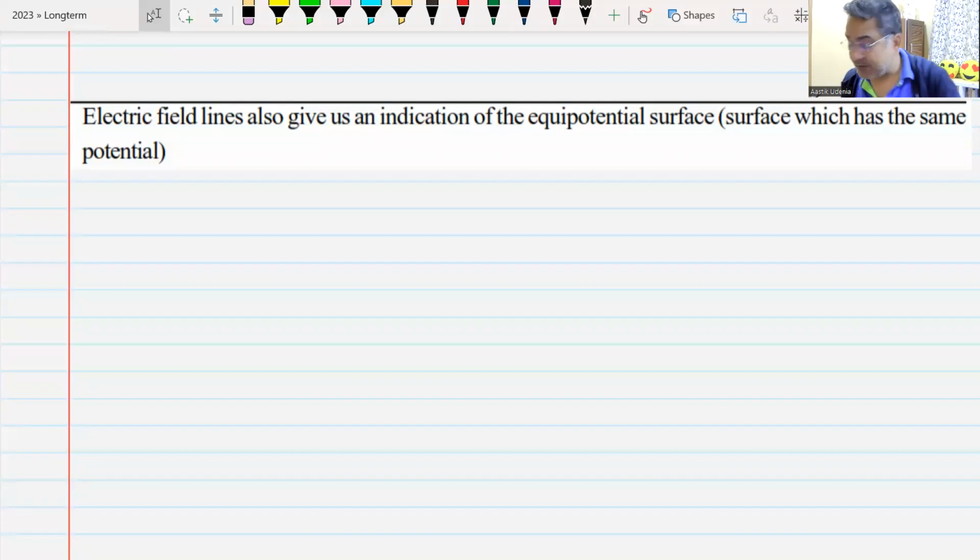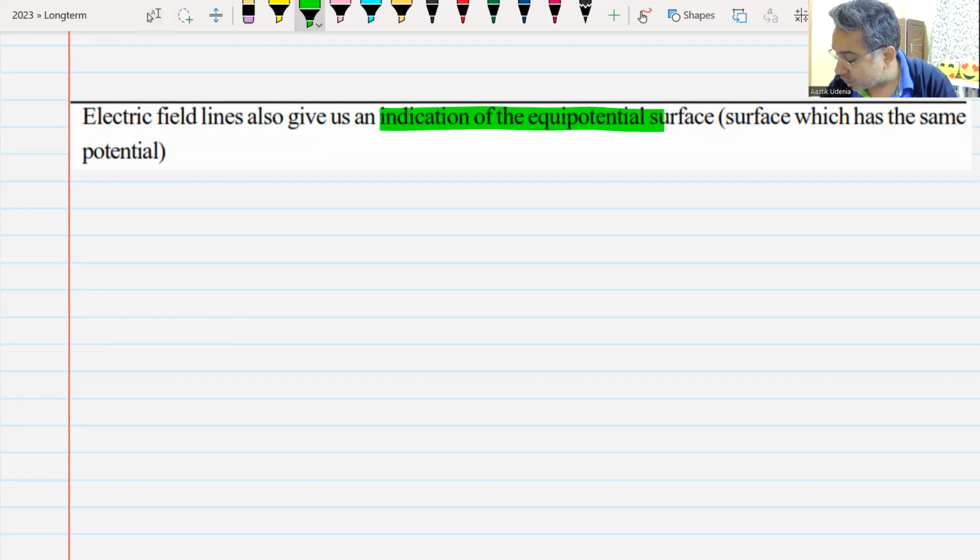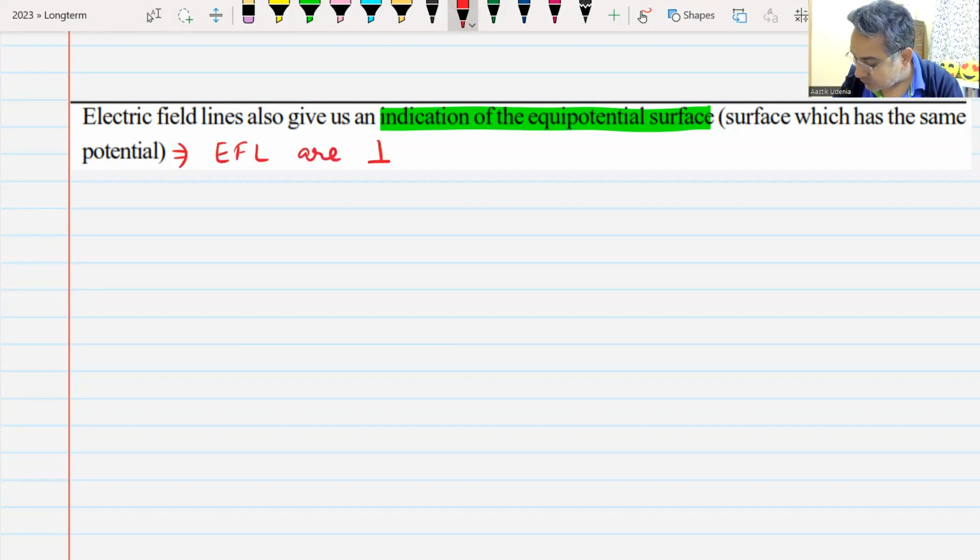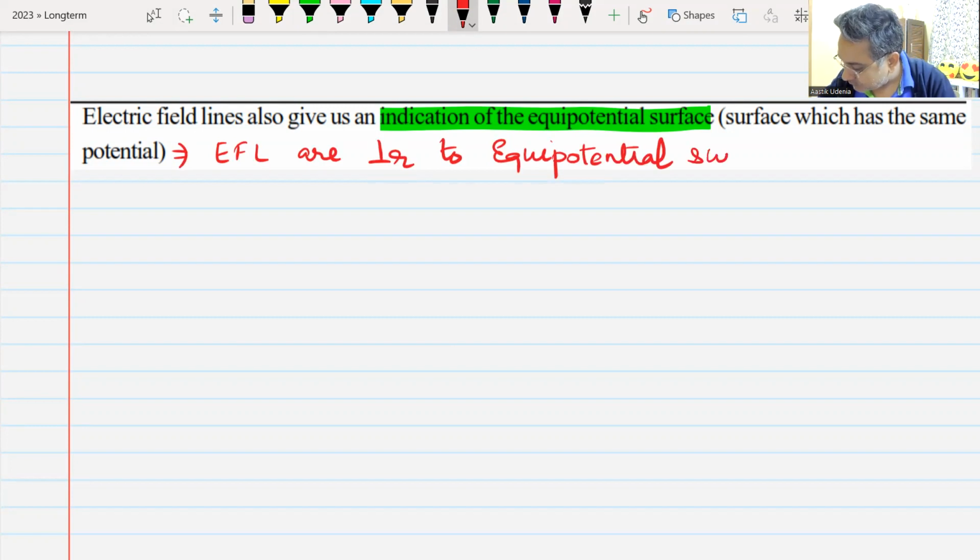Then the next heading. We may not be able to understand this now, but you may write it. Electric field lines give us an indication of equipotential surface. In fact, it is better to write: electric field lines, EFL, are perpendicular to equipotential surface. Now, what are these equipotential surfaces? We will see them in the coming classes.